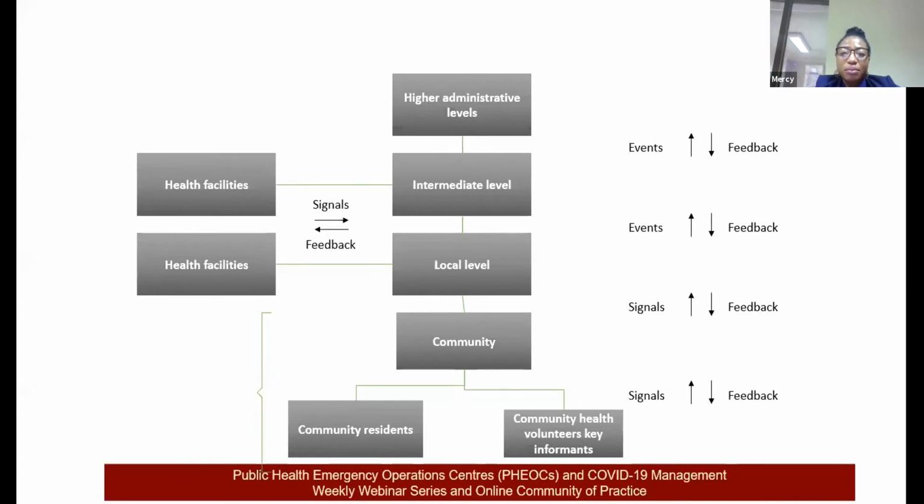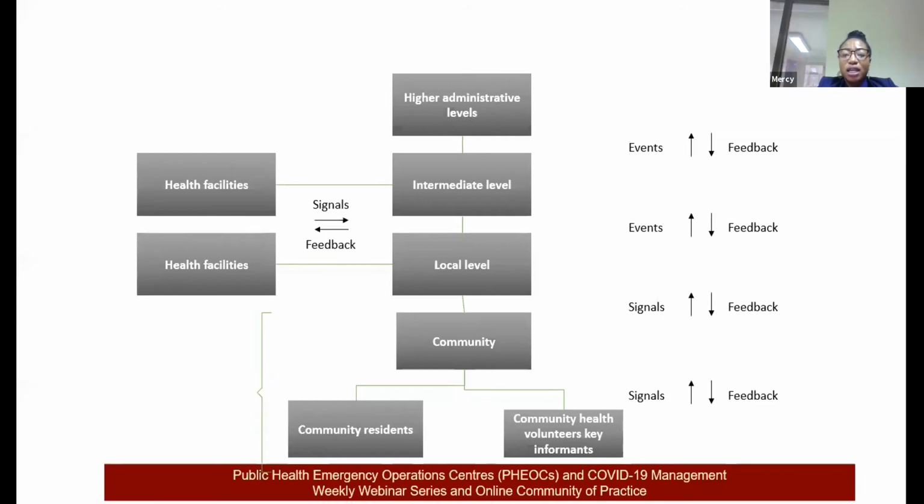And then we have the intermediate level, some call it the regional level, some the province. And then we have the local level, usually the district, which in most countries forms the operational sector of the country. And then we have the community, where we have the community health workers, and also the community volunteers. So this is how most of the systems in countries are structured.